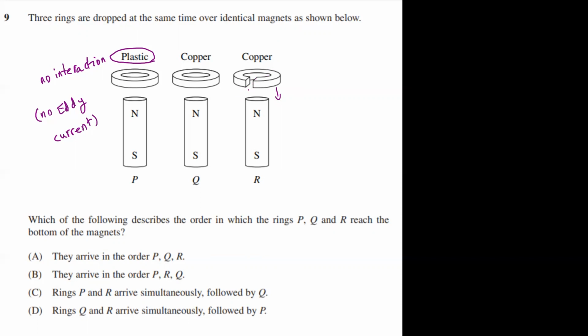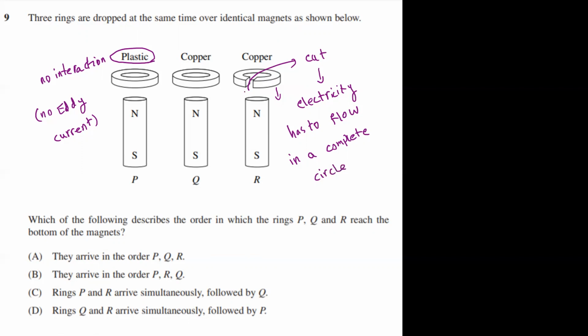But here you can see this cut. As a result of the cut, you know electricity has to flow in a complete circuit, or I can say a complete circle, but I don't have a circle here.